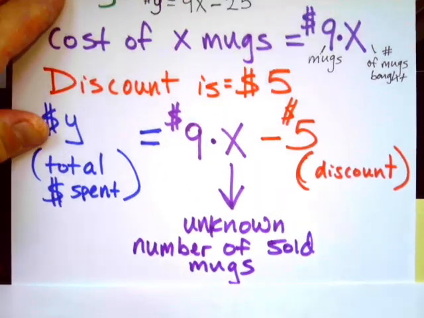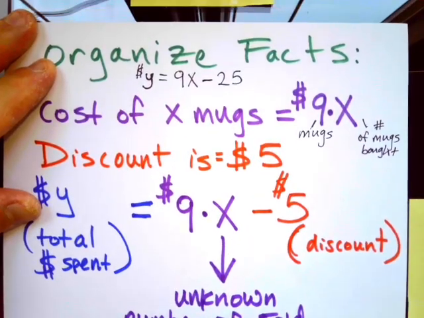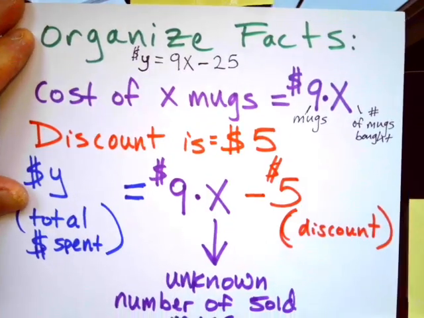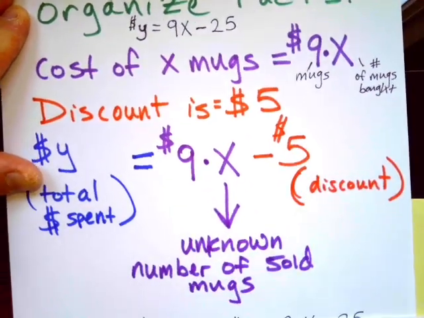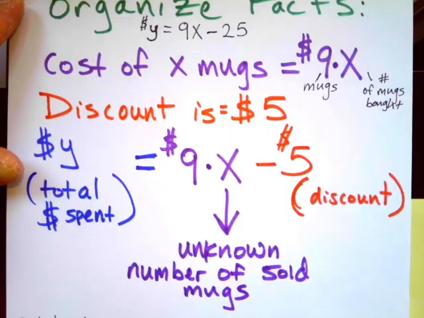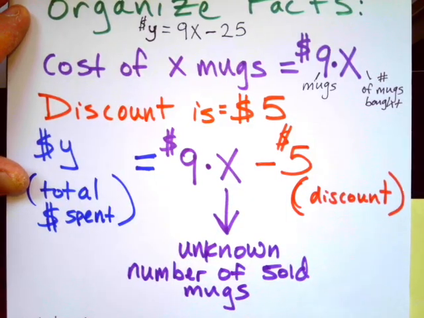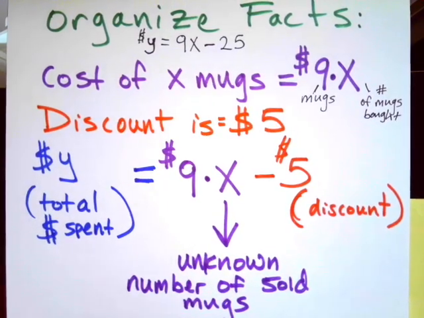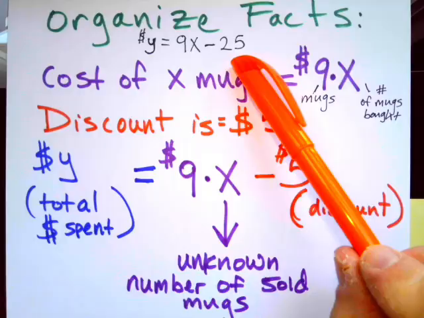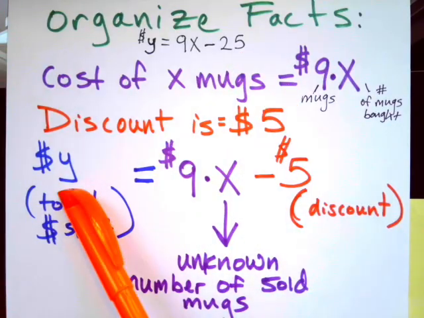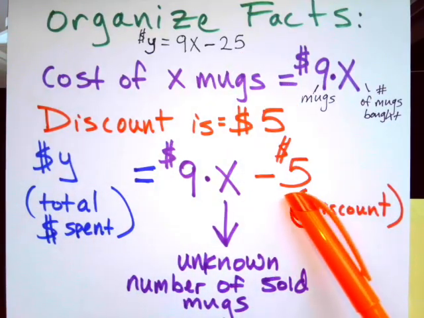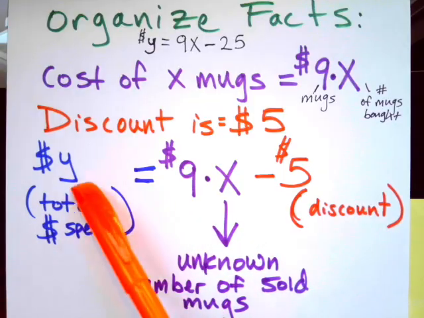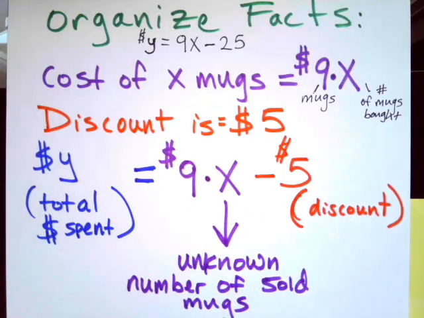So let's take a look at the equation here. We have these two equations we're looking at. This is the equation given in the problem, and this is the equation y equals 9 times x minus 5 that I briefly worked out based upon the facts.